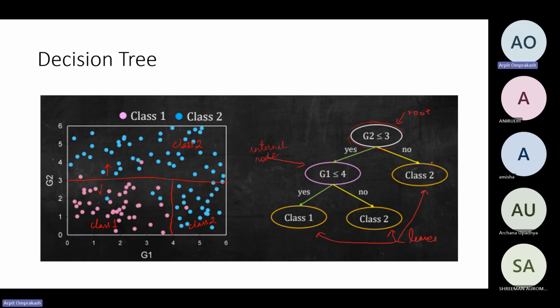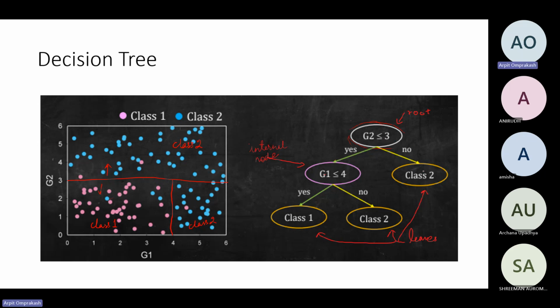That's why it is assigned a class here. However, this half here is still not that homogeneous. There are still a lot of points of class 1 and class 2 mixed. So we need to divide it further so that it is more homogeneous and then we can assign a label. When it goes beyond some certain threshold of being homogeneous, the model assigns a label to it.